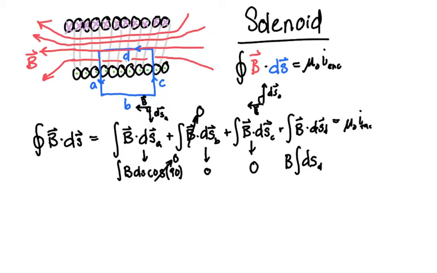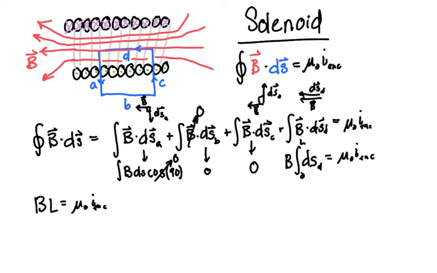And the angle between our vectors is zero degrees, so the cosine of 0 is 1. And we're left with B and then the integral of ds from 0 to L, so BL, and that is equal to mu naught I enclosed.